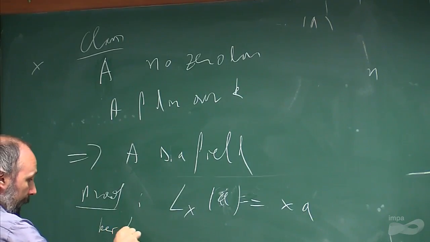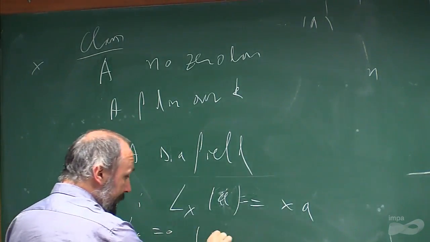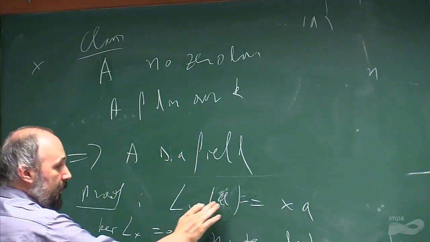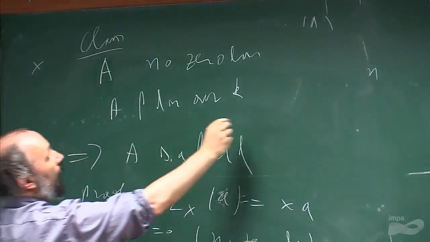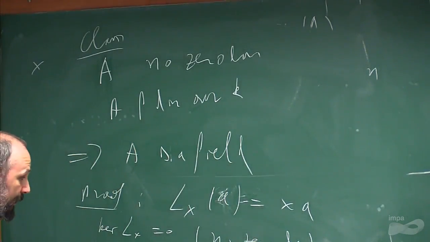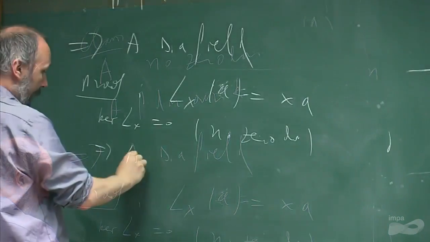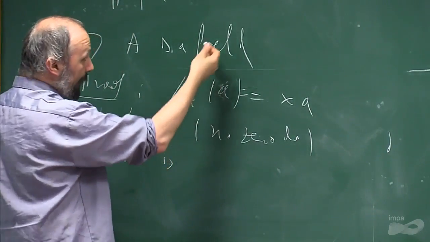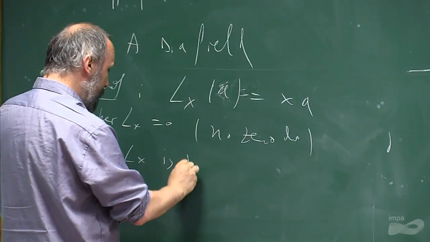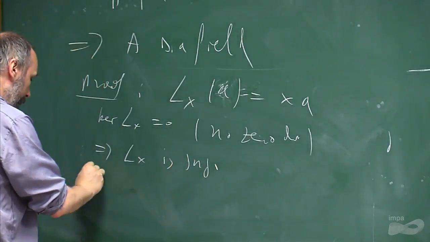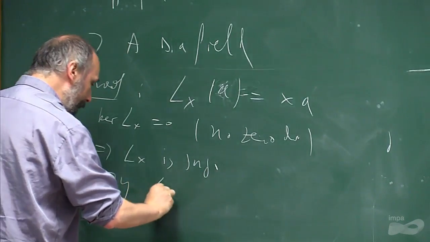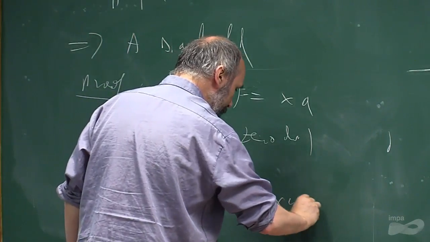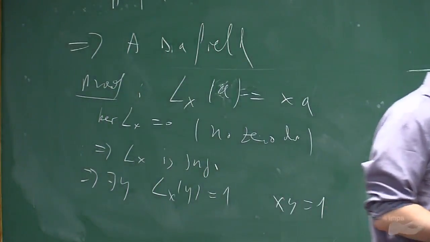The kernel of Lx is equal to 0 because there are no zero divisors. But A is a finite dimensional space. Then Lx is not only injective but surjective, because it's an endomorphism of a finite dimensional space. And then there exists y such that Lx of y is equal to 1. This gives xy equal to 1, so x is invertible.